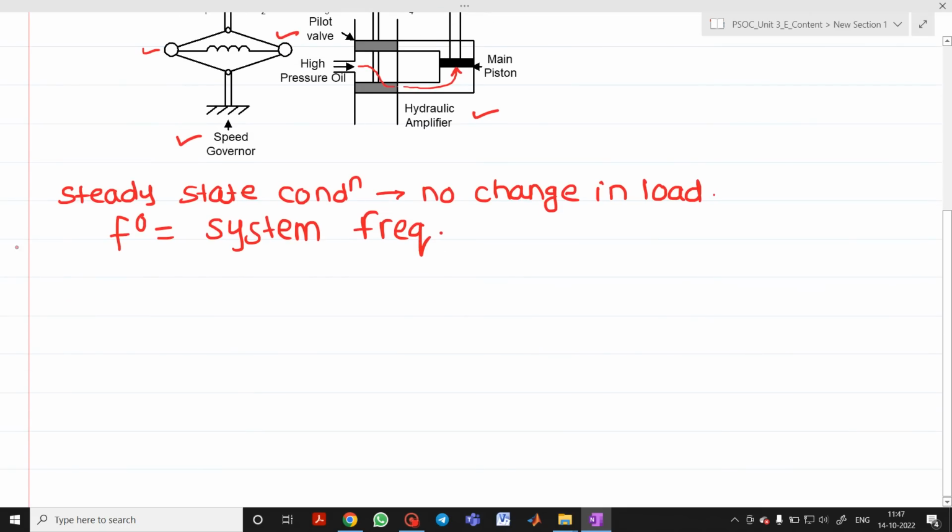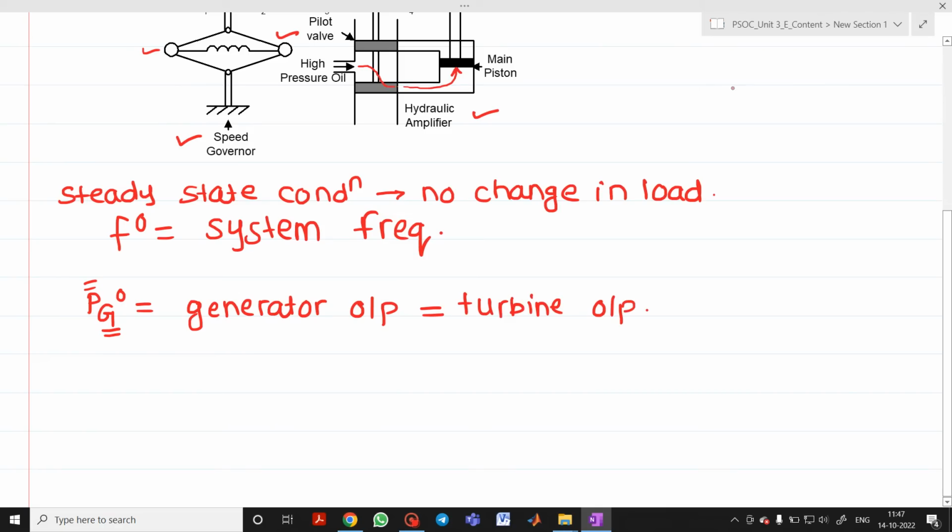Now I will write it here as let PG0. Now G is the generation, P is the active power. So we can say that this will be equal to our generator output power, which will be equal to the turbine output. As we know, when we say unit, there will be a boiler, after that the blades of the turbine, then the shaft, and then the generator.